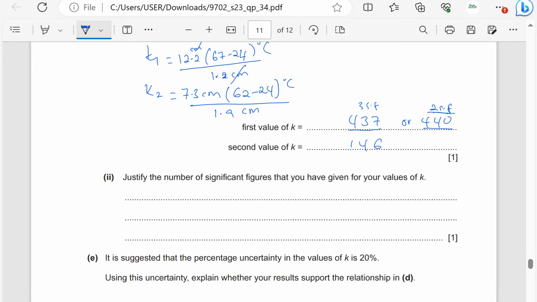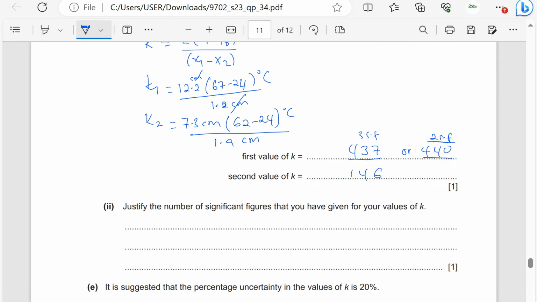The next question asks us to find the number of significant figures that you have given for your K values. Why have you given 3 or 2 significant figures? You look at the raw data. The smallest number of significant figures there is 2 significant figures.